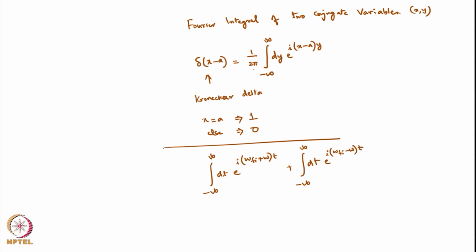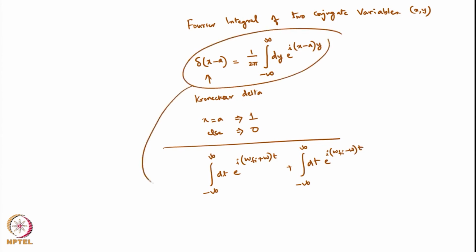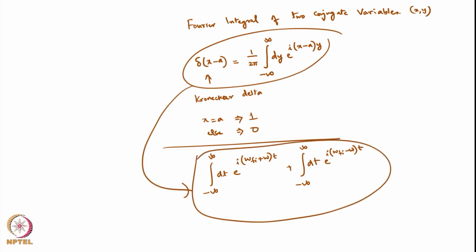Now, you can compare this integral with these two integrals. They look very similar except the fact that the 2 pi is missing, but 2 pi can always be multiplied and divided.